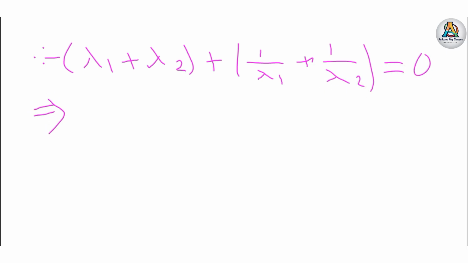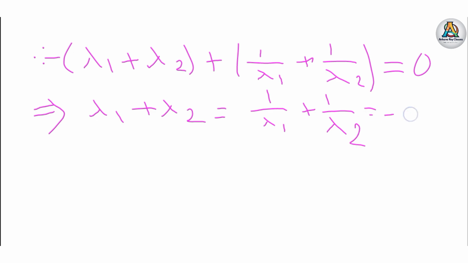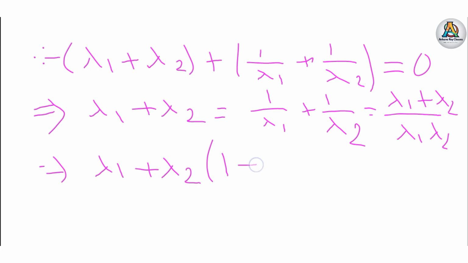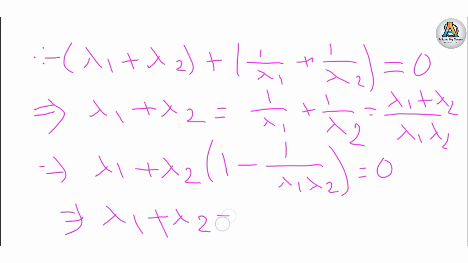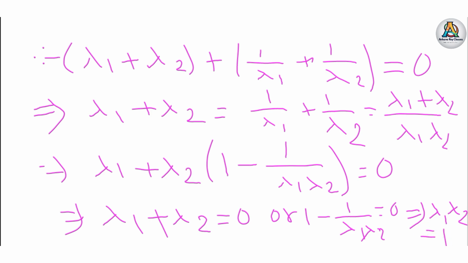Therefore, lambda 1 plus lambda 2 must be equal to 1 by lambda 1 plus 1 by lambda 2, which is equal to (lambda 1 plus lambda 2) divided by lambda 1 lambda 2. This implies (lambda 1 plus lambda 2) into (1 minus 1 by lambda 1 lambda 2) is equal to 0. This implies either lambda 1 plus lambda 2 is equal to 0 or 1 minus 1 by lambda 1 lambda 2 is equal to 0. This implies lambda 1 lambda 2 is equal to 1.